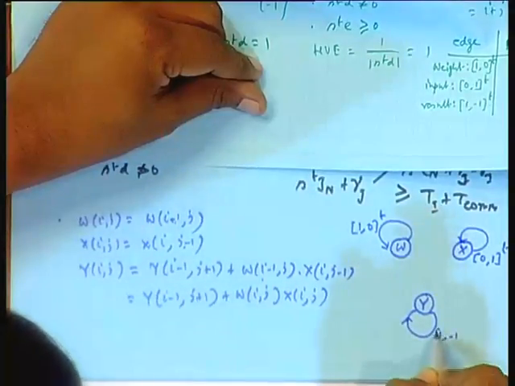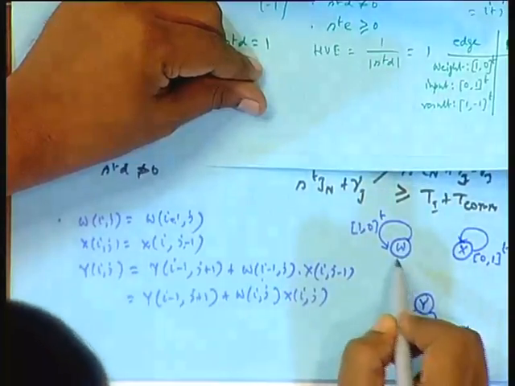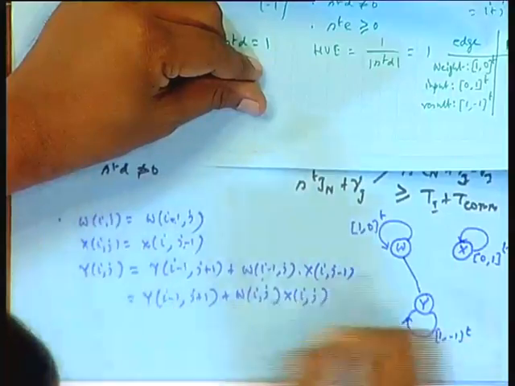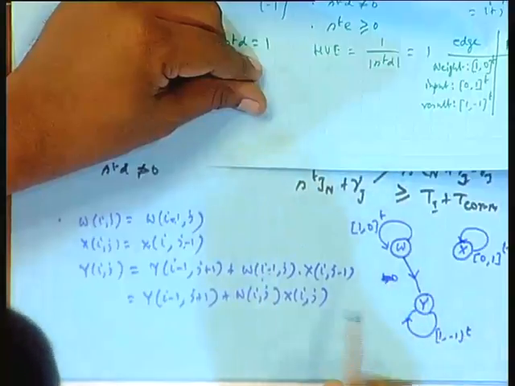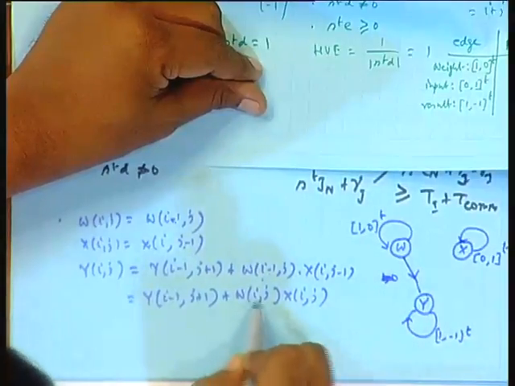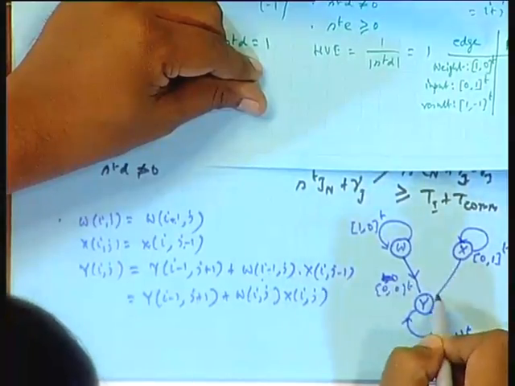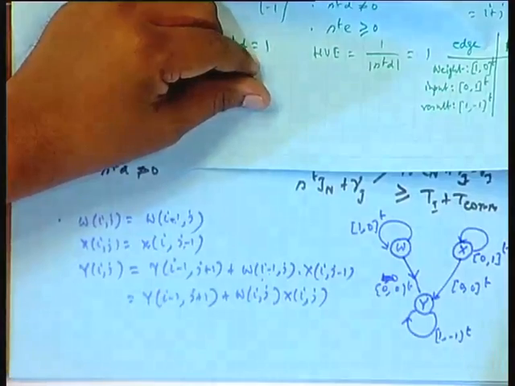So far it is repetition, but there is a reason, soon you will see why I am doing it. And from W of i minus 1, j to y of i, j, this is why I did this, it is 0, 0 transpose, that was the thing.